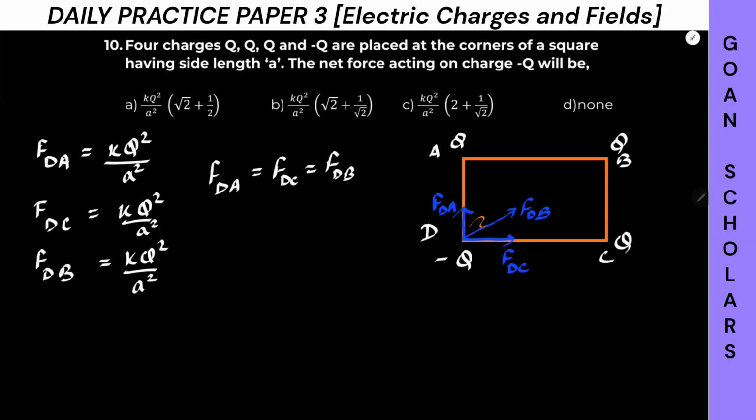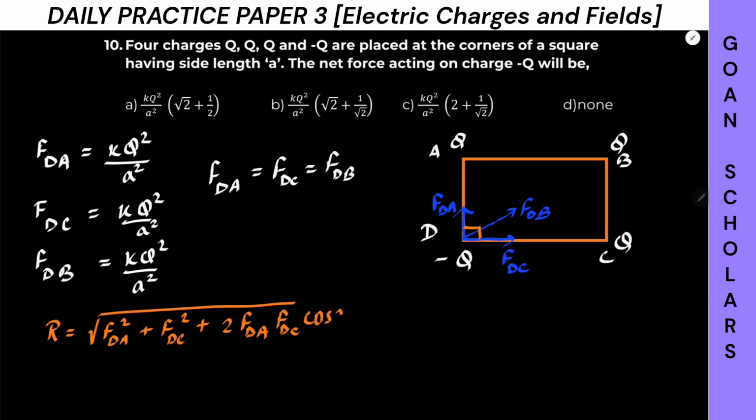So first of all, the best approach is the angle between DA and DC, that is 90 degrees, because it's a perfect square, right? If it's a square, then it is perfectly 90 degrees. So let's start with the resultant R of FDA plus FDC plus 2 times FDA, FDC, and what's the angle between them? Cos 90. Why I chose this?